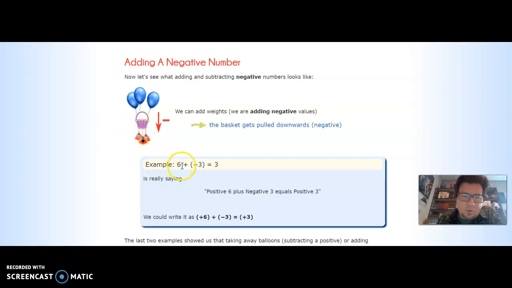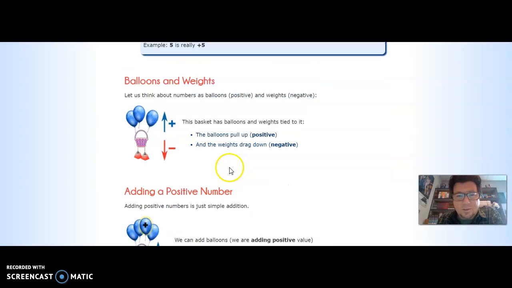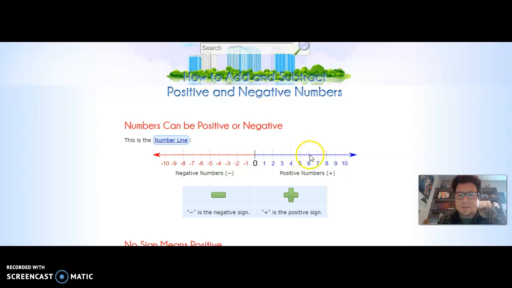So you've got 6 plus negative 3, and on the number line, adding a negative is the exact same thing as subtracting a positive. I'm sorry if that's too much information, but let's look at it. 6 minus positive 3: 1, 2, 3 is 3, but you're subtracting a positive.